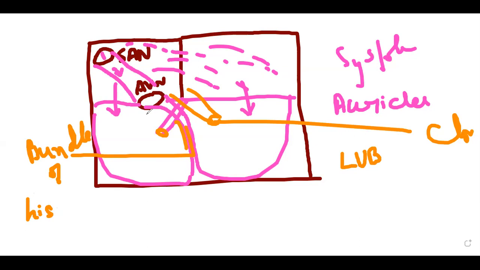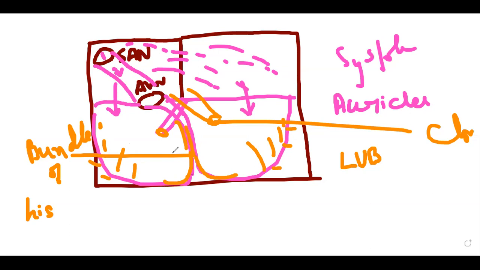When the signal is transported to the bundle of His, it divides into right bundle of His and left bundle of His, and it is transported to the Purkinje fibers. It's branched to form right and left ventricle.